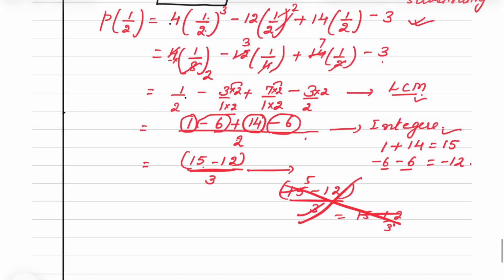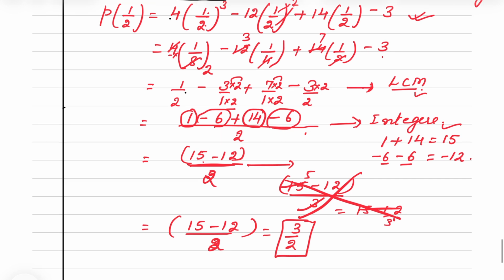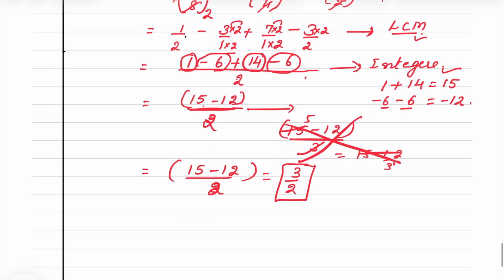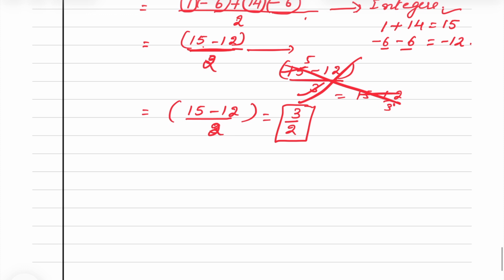We can't cancel here because here we simplify the numerator, that is 15 minus 12. Sorry, here it is 2, here also 2. So it is 3 by 2. So each step which you have done, that LCM, integers, and the division, you have to be careful while solving.